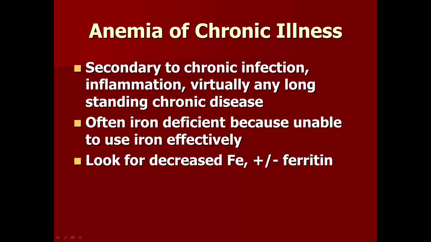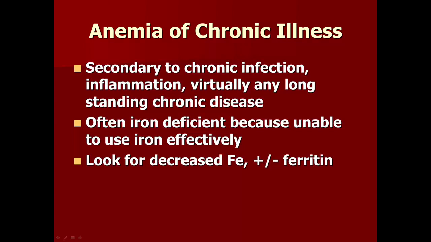Now, in a number of these individuals, initially their anemia of chronic illness is just that. It is normocytic, normochromic. However, as this anemia becomes increasingly long-standing, they may become iron deficient simply because they're unable to use their iron effectively, remember that hepcidin, or they're unable to absorb the iron effectively.